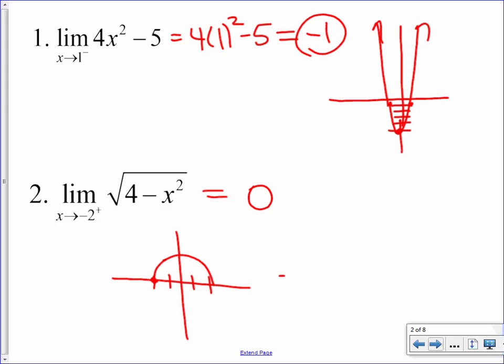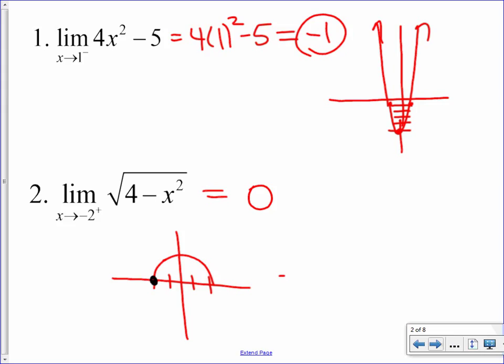Wouldn't that be from the left side though? This is from the right side. It's the right side of negative 2. Does this have a left-hand limit? No, because there's nothing to the left of negative 2, so there is no left-hand limit.